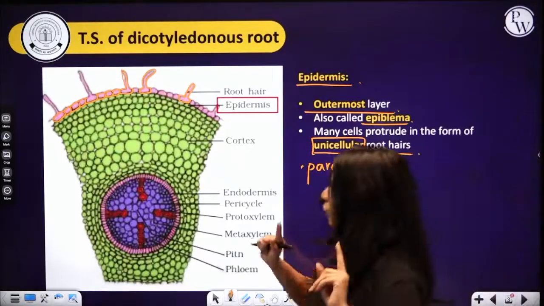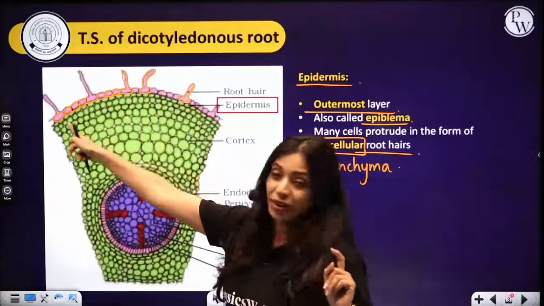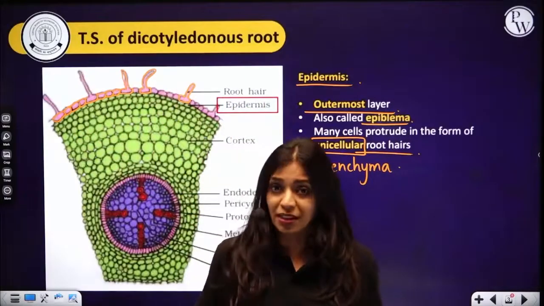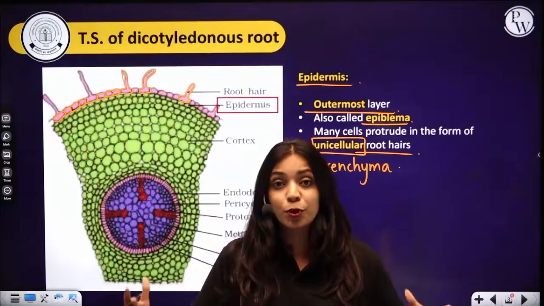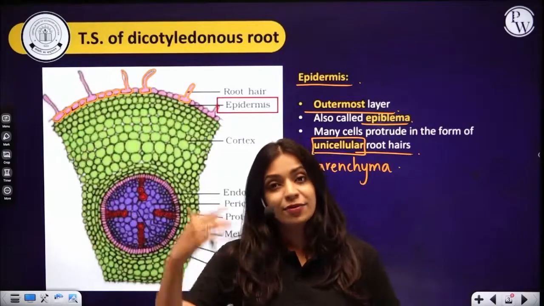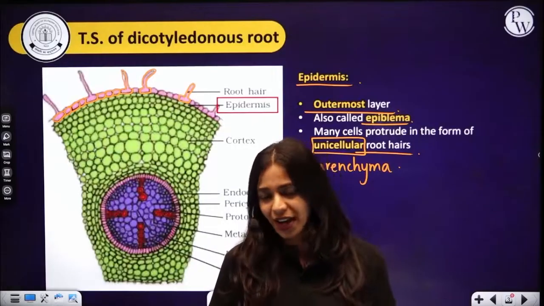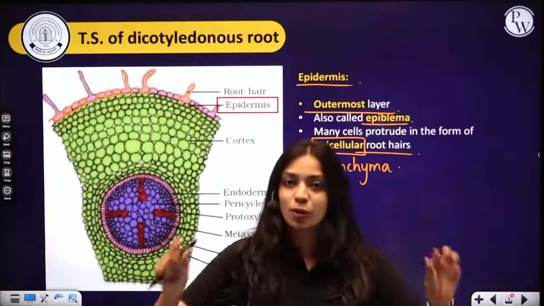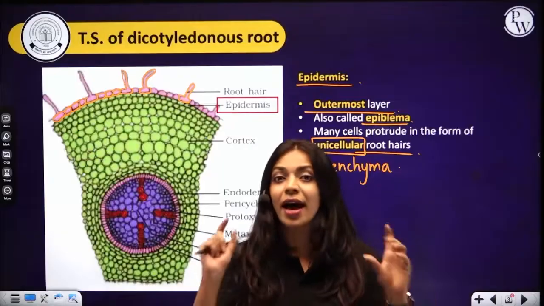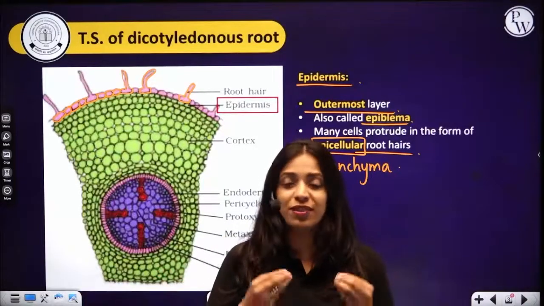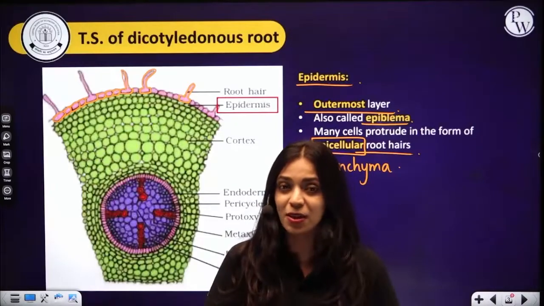Also, what I want you to notice at this point is that there are no intercellular spaces in the epidermis. The reason is because it's protective in function, right? So it has to protect whatever is lying inside it. If there are gaps and spaces in there, protection will not be very effective, right? Therefore, the outermost layer, epiblema, has barrel-shaped, parenchymatous cells that are very closely arranged with very little or no intercellular spaces.